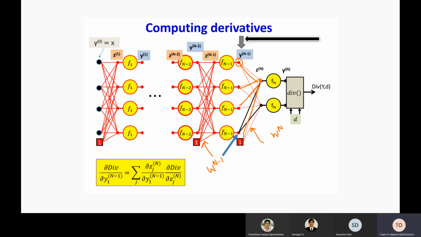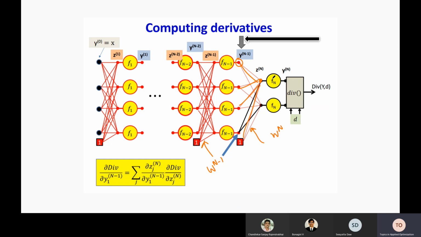Okay, if we want to compute the derivative with respect to y1, then we need to sum over this, because the dependency here is now both ways now, because yn minus 1 was also used here. Okay, so now this branch is also important. Both the branches are important.